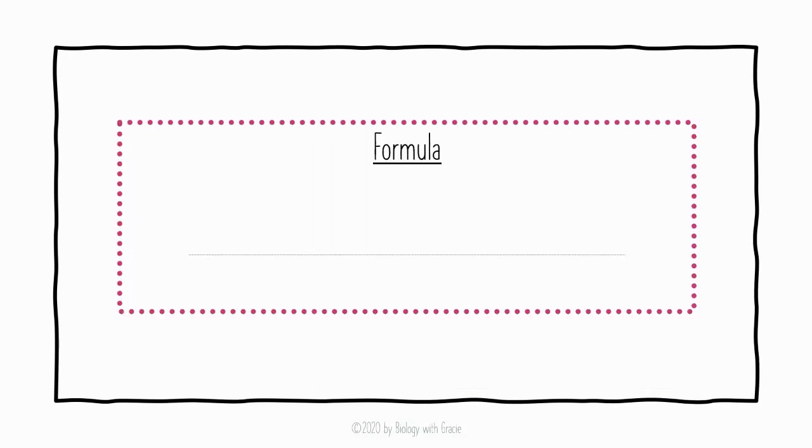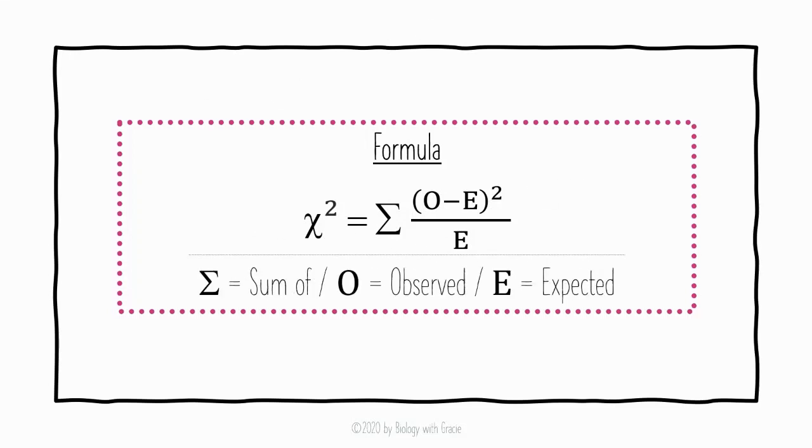So for chi-squared, there is a specific formula and it looks like this. Now, when you look at that, you may think that it looks very confusing or difficult, but it is actually fairly simple. So the x squared at the front is chi-squared. So that symbol represents chi-squared. So chi-squared equals, then we have that funny little zigzaggy e, that just means sum of.